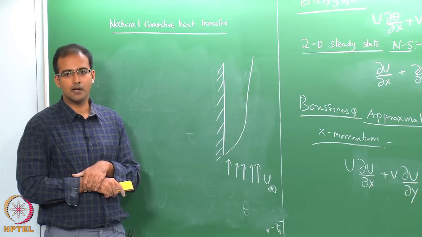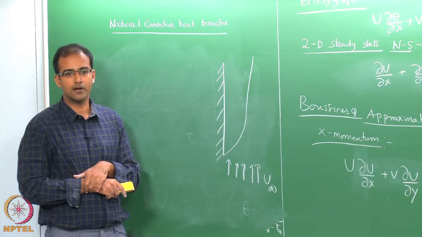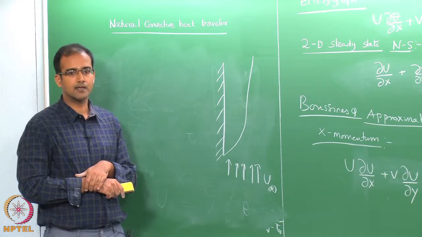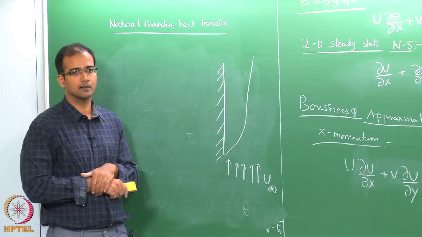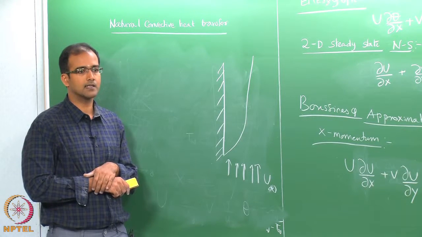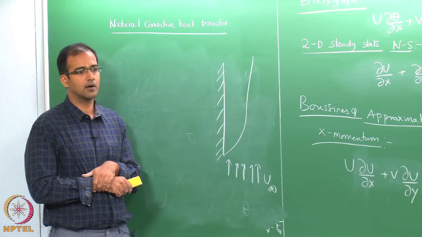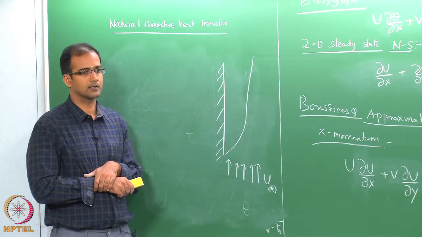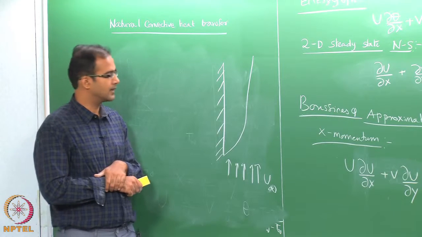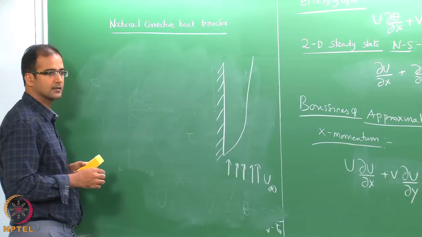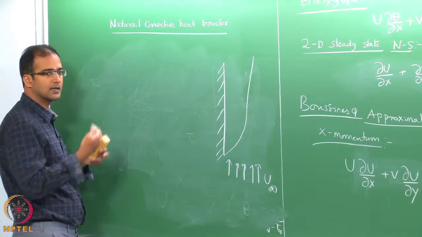So, when you define the Reynolds number in that case, you can define it using u infinity, which indicates the external bulk convective motion, and the Grashof number is still decided by the ratio of buoyancy to viscous forces.